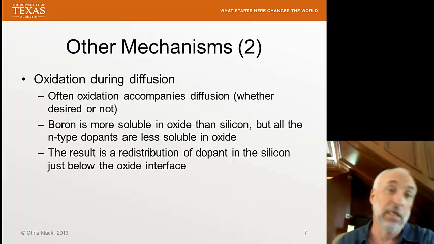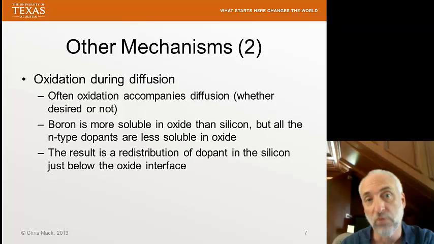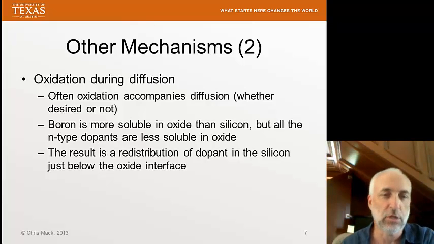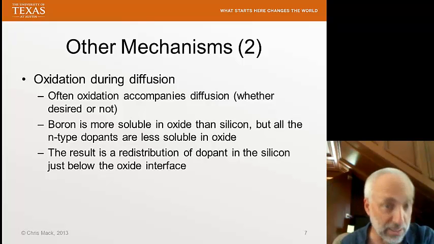Now, another important issue involved with diffusion is oxidation. Often when you do these high temperature process steps, we get oxidation occurring. Maybe you want it, maybe you don't want it, but it often occurs either way. Sometimes, of course, we are purposely growing an oxide.